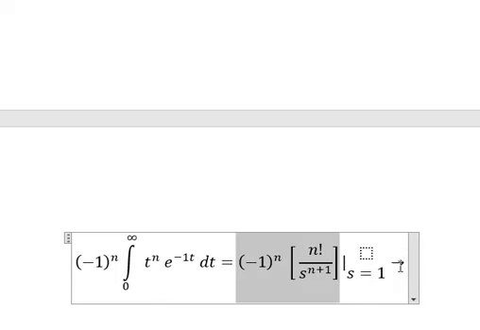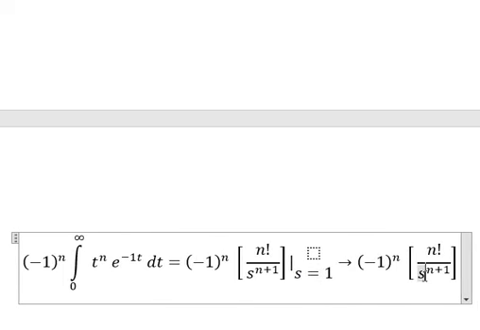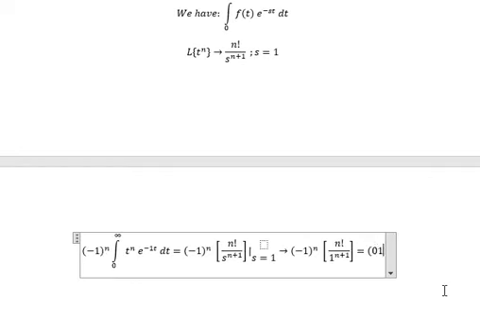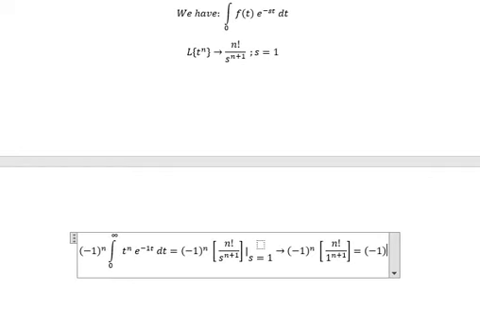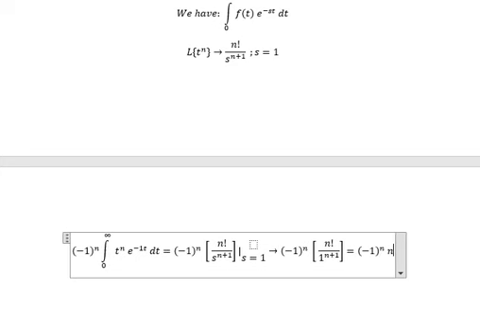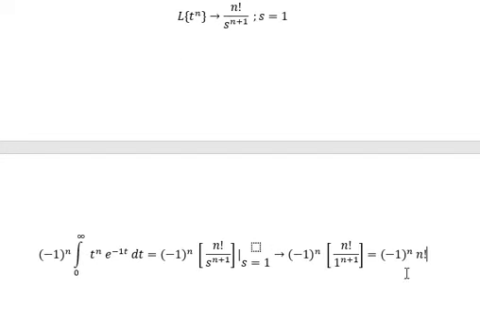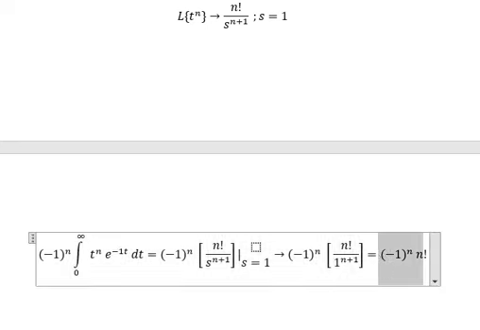So we put 1 in here, and we know that 1 to the power of n plus 1 is 1. So we have negative 1 to the power of n, and we have n factorial in here. And this is the final answer.